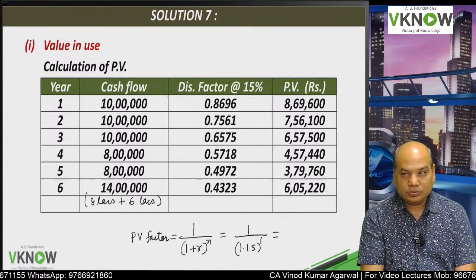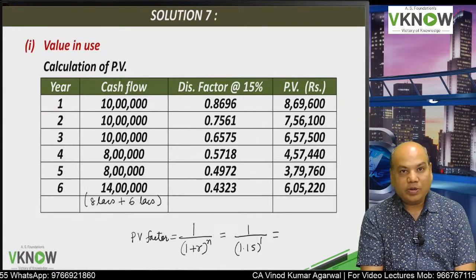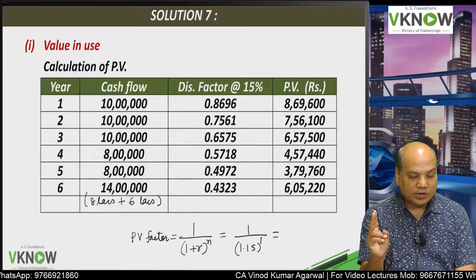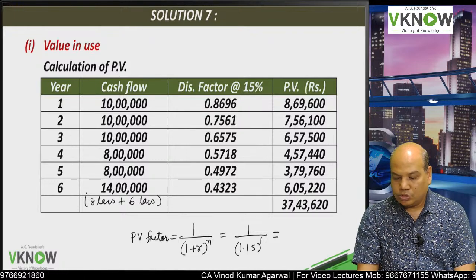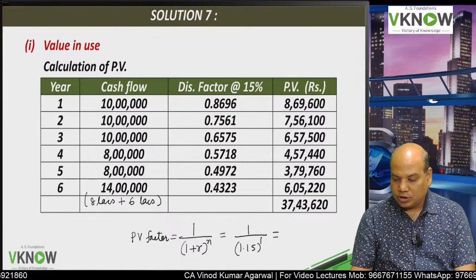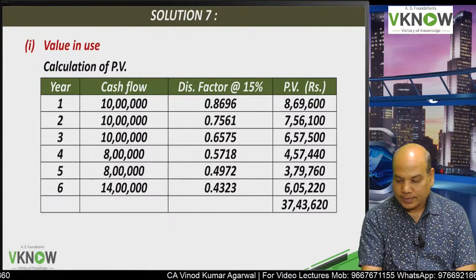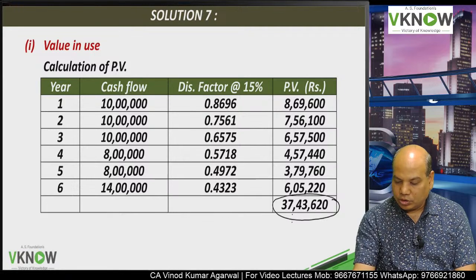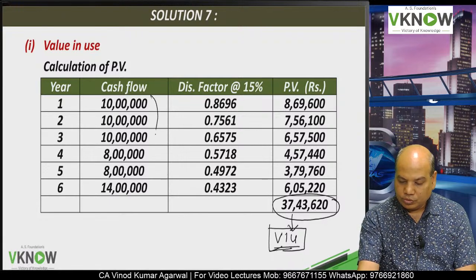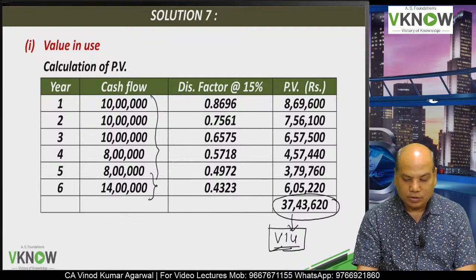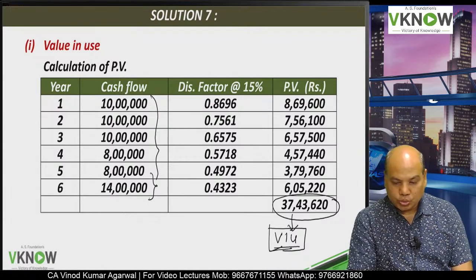What is the total? Memory recall. If you have used memory plus function, memory recall, and your total is 37,43,620. This is called value in use, present value of future cash flow, and also the salvage value, value in use.